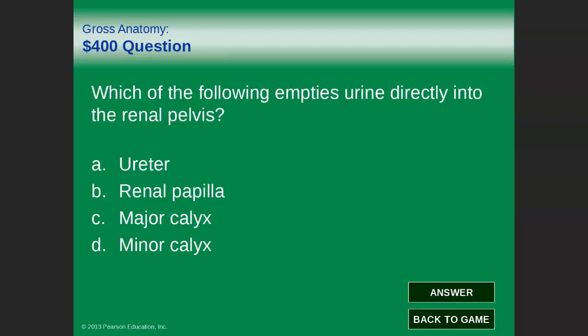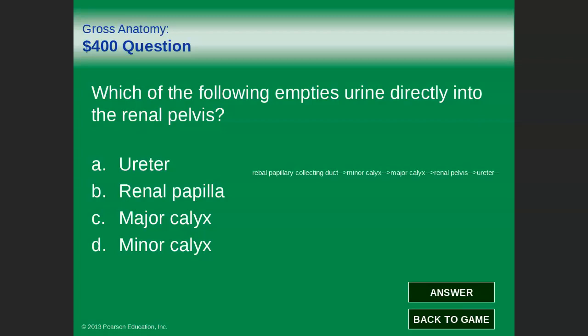So renal papillary collecting duct, minor calyx, that leads to a major calyx, that leads to the renal pelvis, and the renal pelvis leads to the ureter.